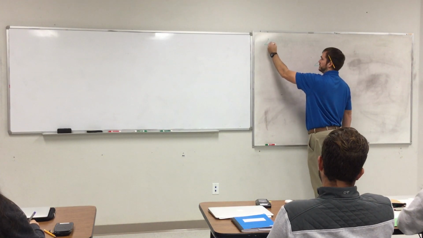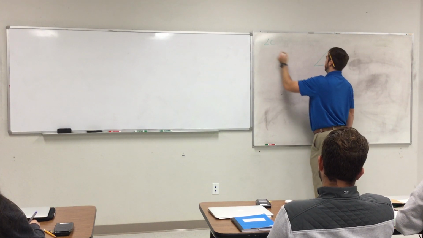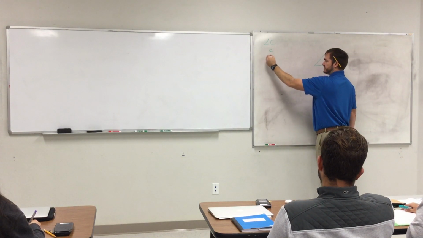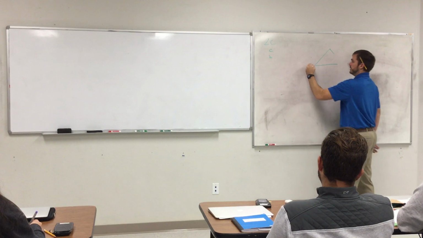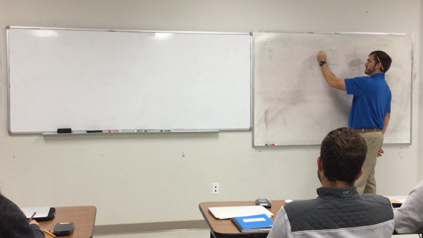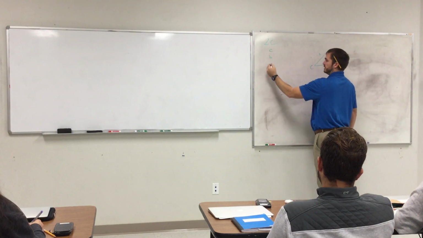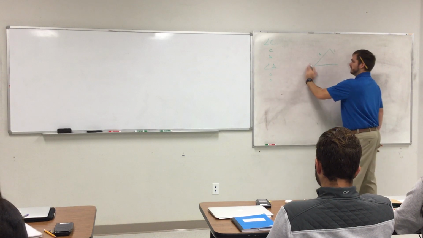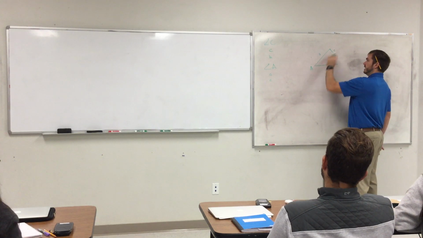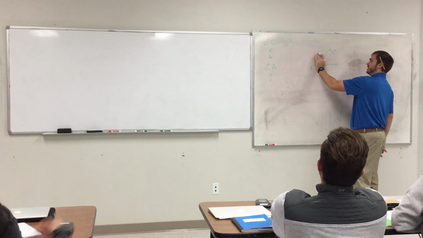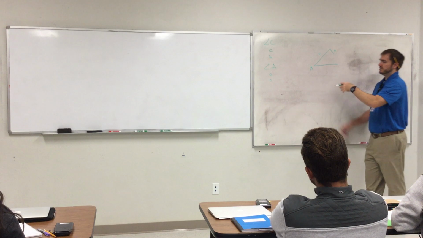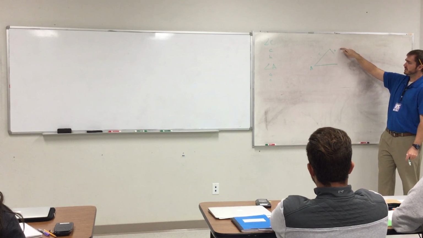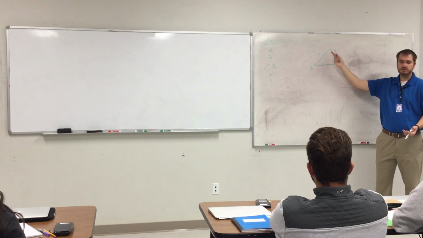They might say angle C, and then they always also give you the side across from that, so there'll be little c and then B. Or they might give you angle A, and then little a, and then C. Etc., etc. They're always going to give you an angle and two sides, and one of those sides is going to be across from it, and the other side is going to be the side that you can connect into it.